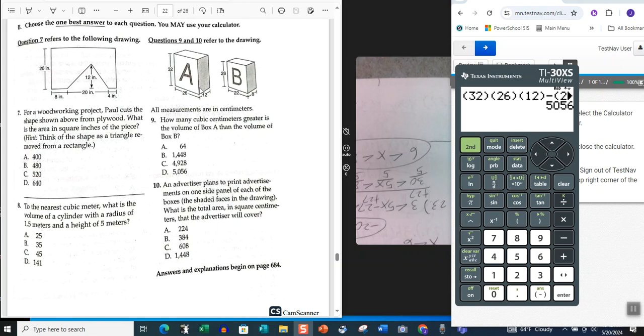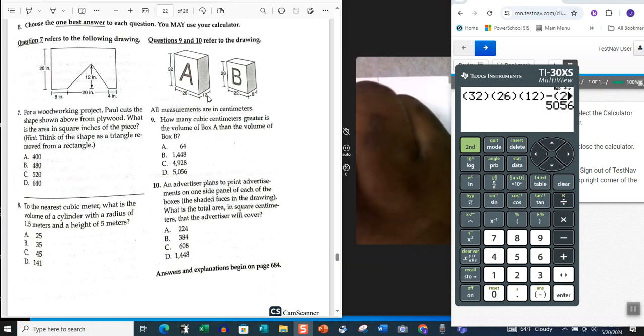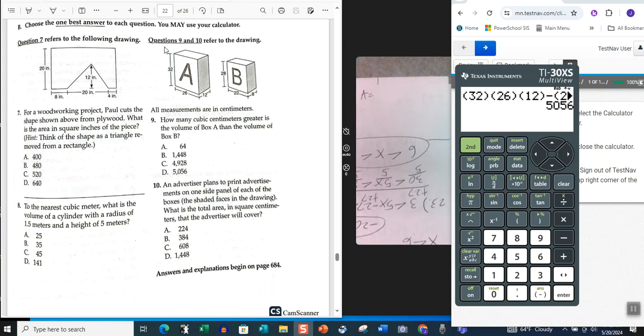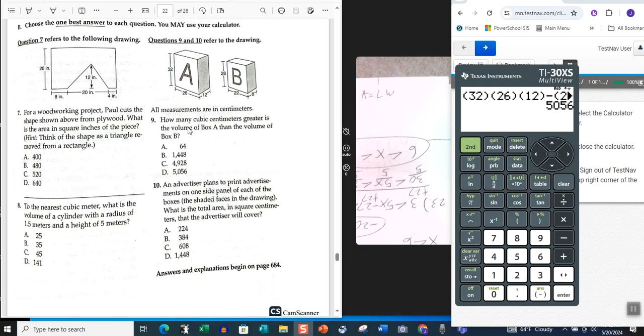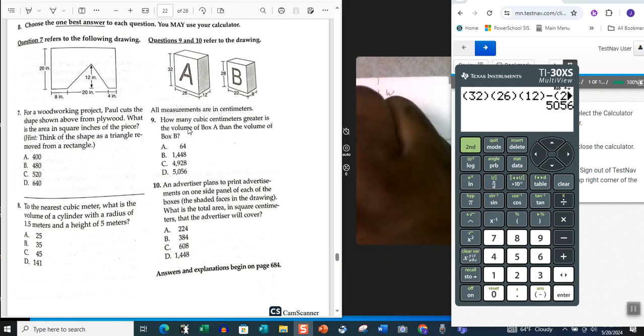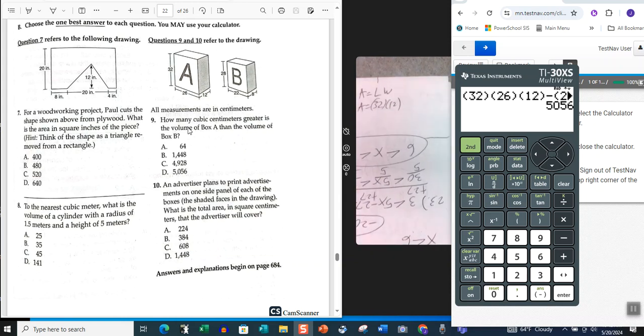This shaded side here, we know the area is the length times the width. This length is 32, and then the width is 12. That would take care of this rectangular prism.